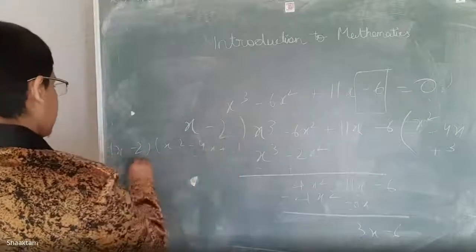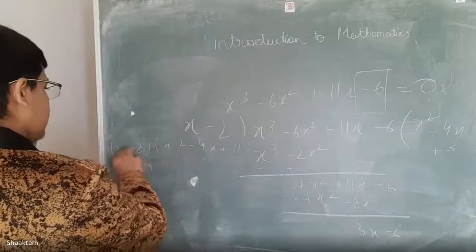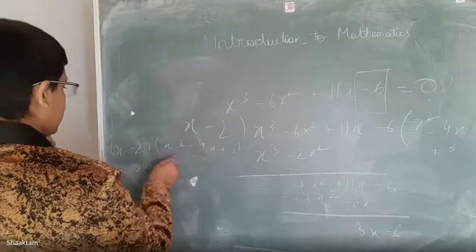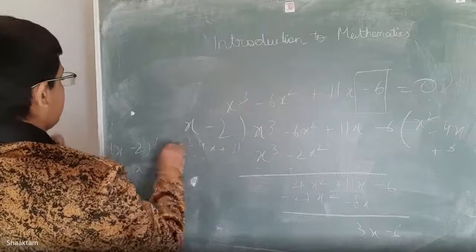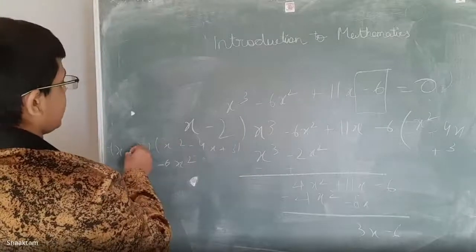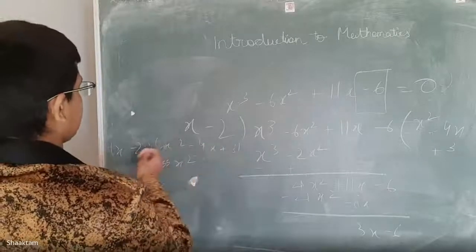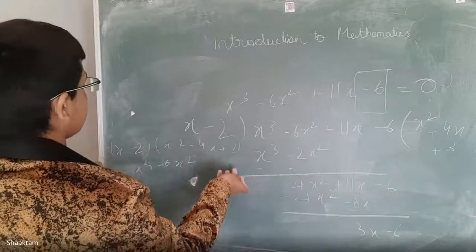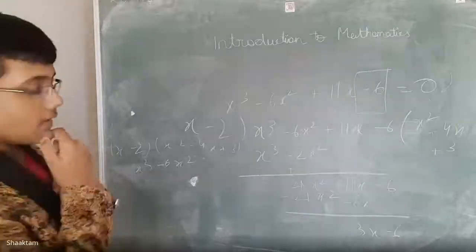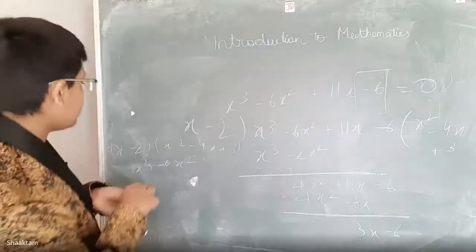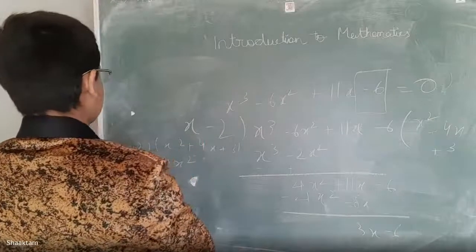So that will be x cube, x into minus 4x square, then minus 2x square, the minus 6x square, then plus 3x. Let me put plus 4x and see.